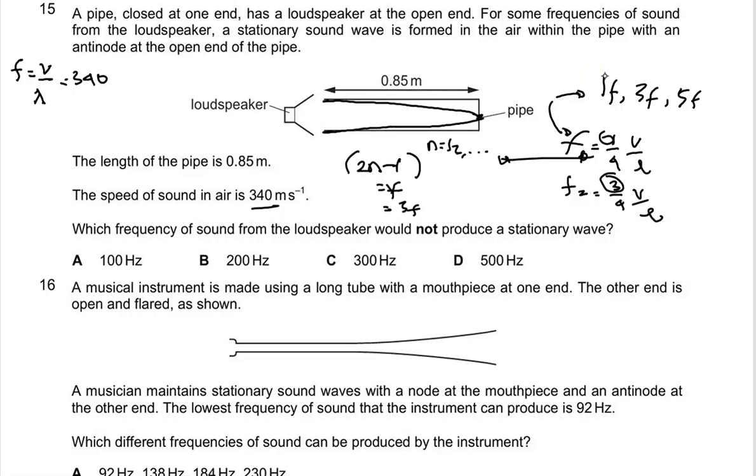It is a quarter wavelength, so 0.85 is contained in a quarter wavelength, and the wavelength of the first fundamental frequency is 4 times 0.85, which equals 3.4. So divide 340 by 3.4, it equals 100.